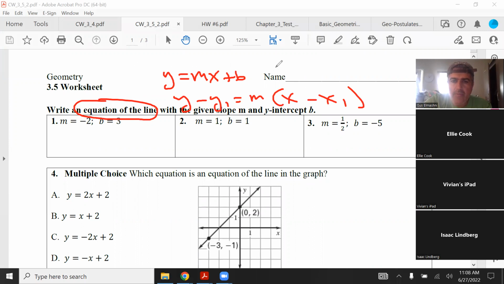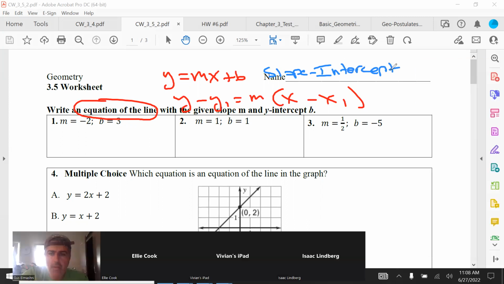So this first one here is called slope-intercept form. The second one here is called point-slope form.